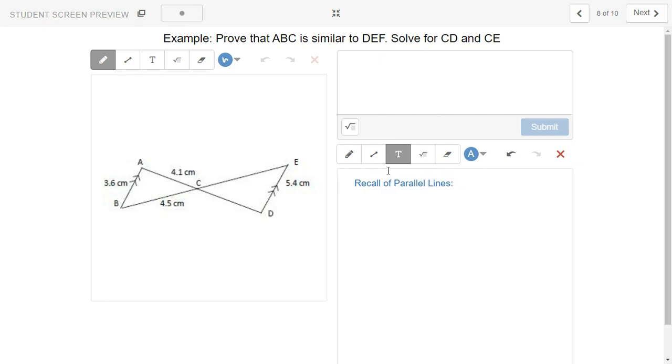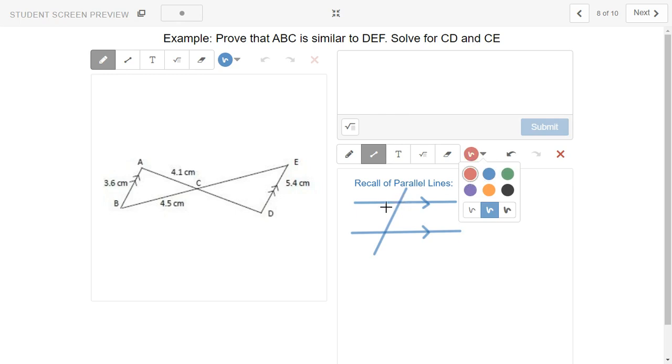You may remember that when we have parallel lines, we have a couple of things that we know. Okay, so let's say these two lines are parallel. If these two lines are parallel, we know that the angle here and angle here is the same.